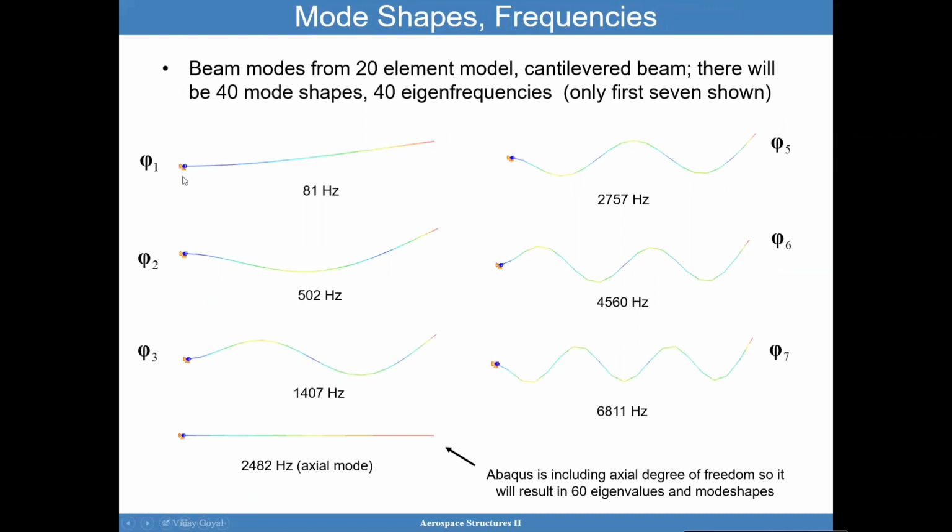It looks like this is clamped here. This is for the 20 element model. You can see here that that's the second mode shape, the third mode shape, and as you go to higher and higher frequencies, the mode shapes look more and more complex. There's a very interesting mode shape, and it's the axial mode that you get as well.